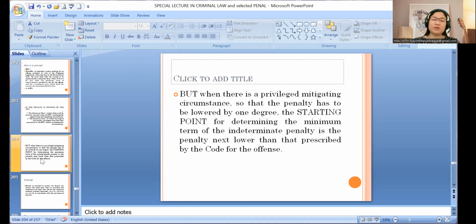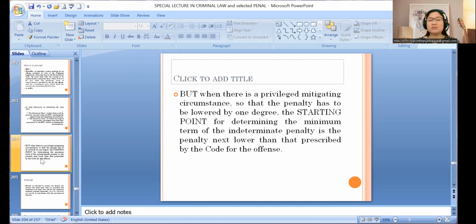But when there is a privileged mitigating circumstance, take note that in arriving at the indeterminate penalty of the accused, we do not consider first the aggravating or mitigating. So the mitigating referred to in the law is referring to the ordinary mitigating.